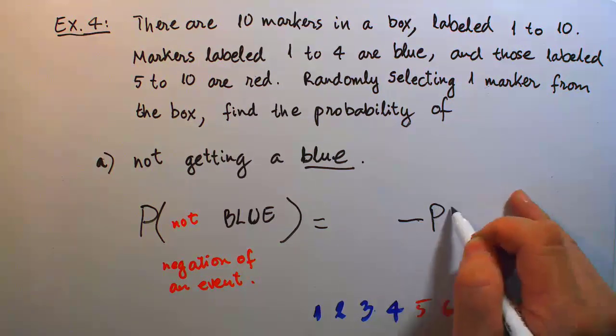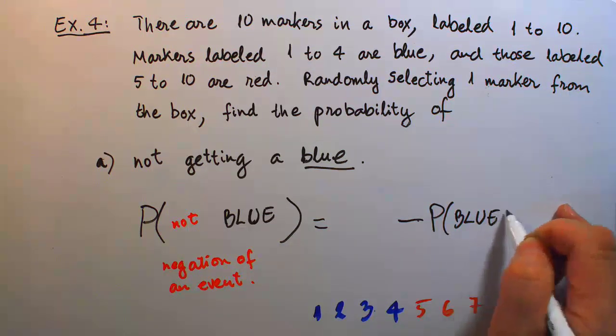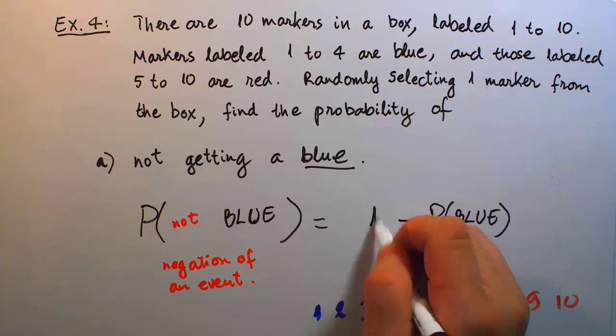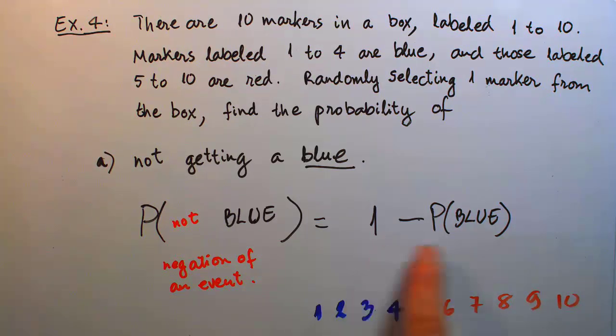We're subtracting the blue, so take away the probability of the blue. But take away from what? Take away from 1. Take away from the whole data set, the whole 100% of your whole sample space. So 1 represents 100% or all that probability. So take all the blues out of the whole, and mathematically that is 1 minus.